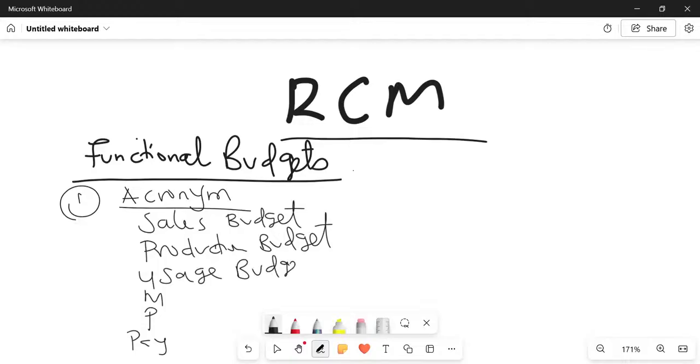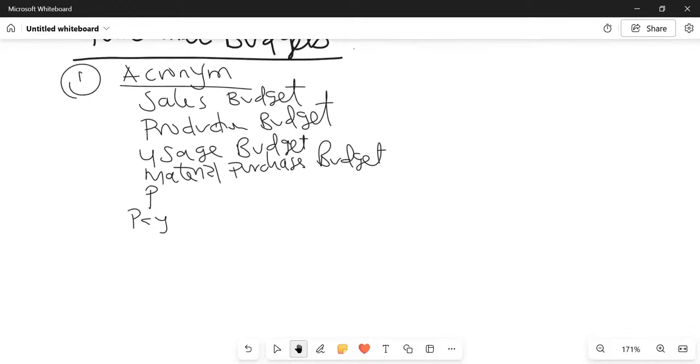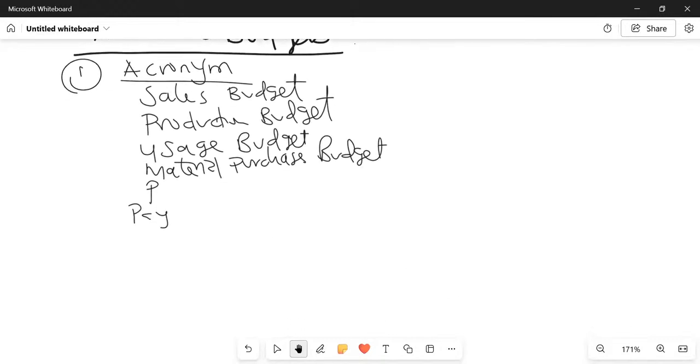Then we have a material purchases budget.